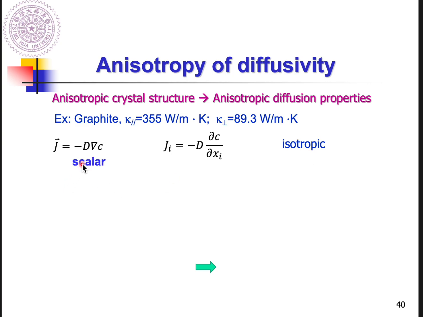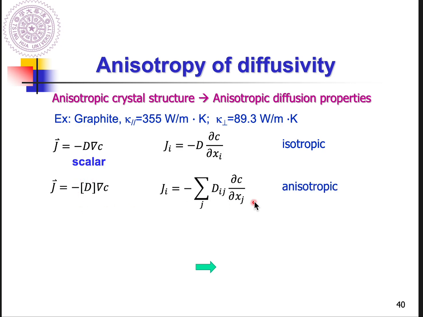At this moment, D is a scalar, right? But when we have an anisotropic crystal, we cannot just use one D to represent the diffusivity, right? We need to break it up into different components.